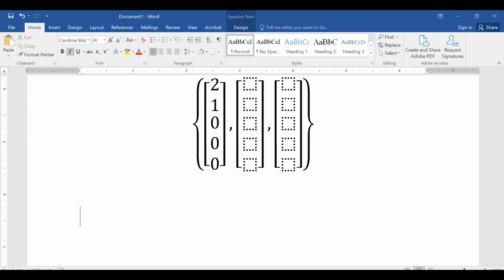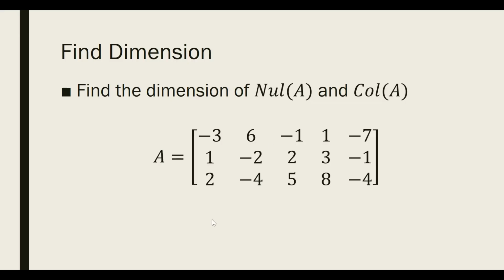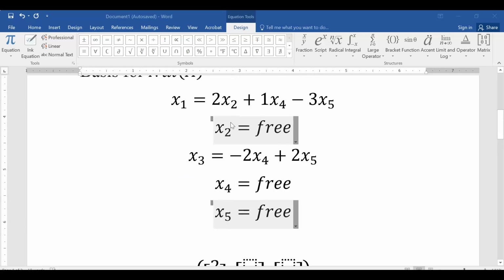All right, so that's the vector there. So there's a little bit of a blip there with the Microsoft. But we get the vector 2, 1, 0, 0, 0 as my first vector. That represented x2 being free.